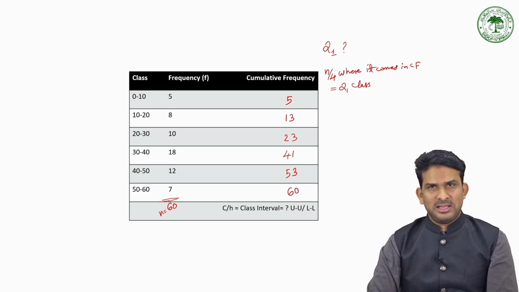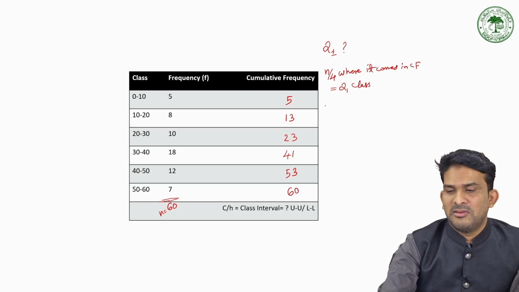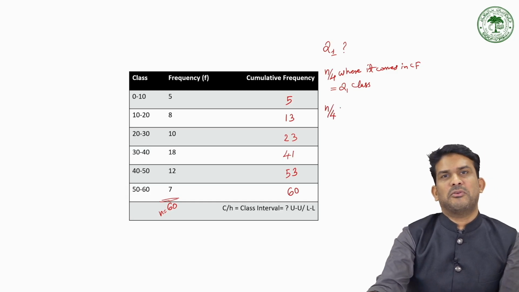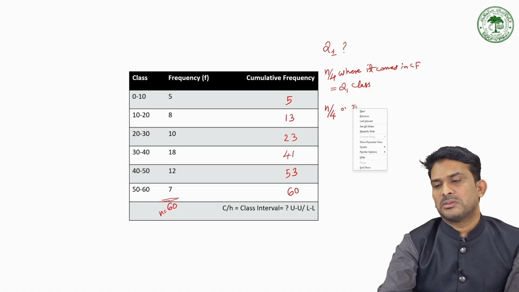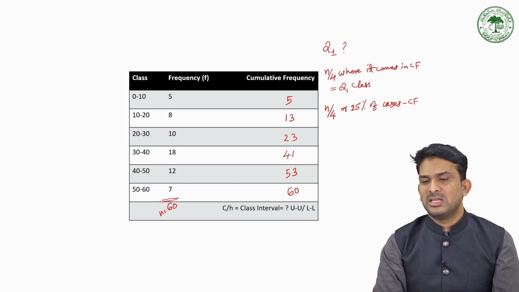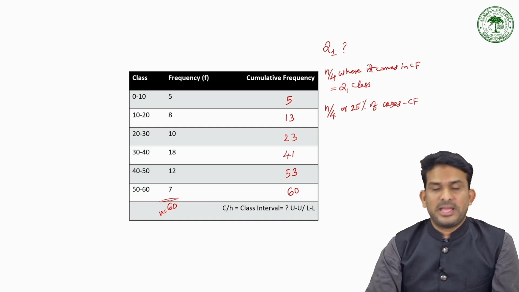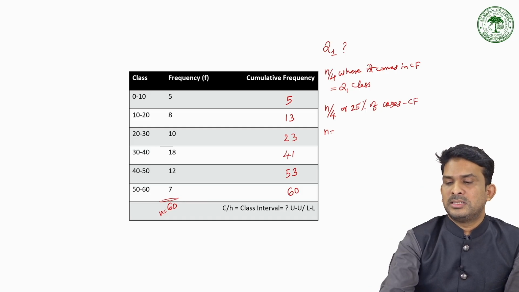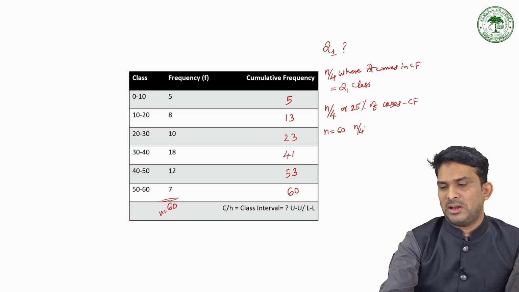How do we identify? 25% of cases or N by 4, where it comes in cumulative frequency, that class is the Q1 class. So what is N here? N is 60. So what is 25% of 60 or N by 4?